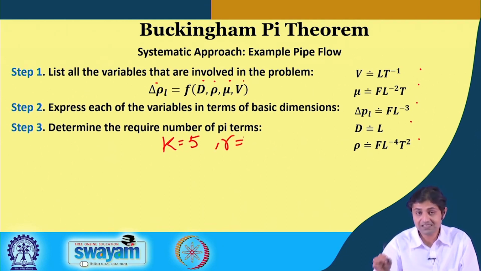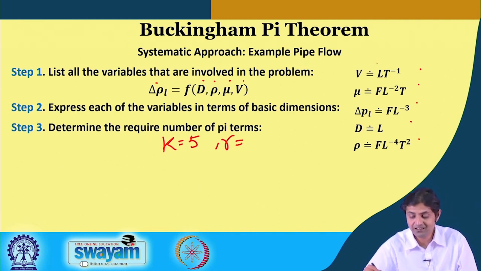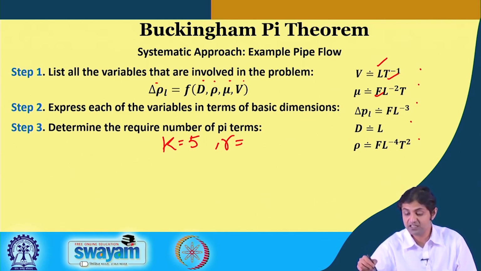That you can see by looking at the dimensions of these variables. So, we have length L, T is also there, F is there. Is there any other term? All these 5 variables have basic dimensions length, T and F, FLT. Suppose there was no F in any of these 5 variables, then reference dimensions could have been 2.